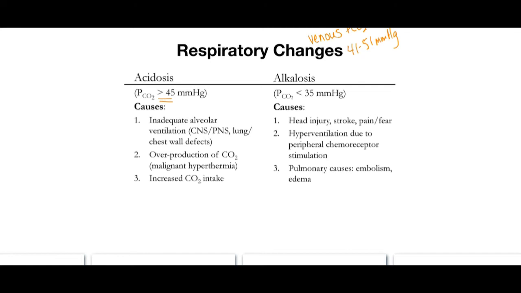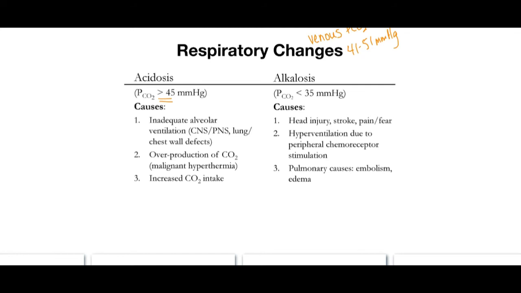The other part that could cause acidosis from a respiratory issue is if you're just breathing in more CO2, which hopefully you're not, but if you're in an environment where the CO2 is high in the air, then that could happen. For alkalosis, any kind of head injury or stroke can promote an increase in your ventilation rate depending on what nerves are affected.